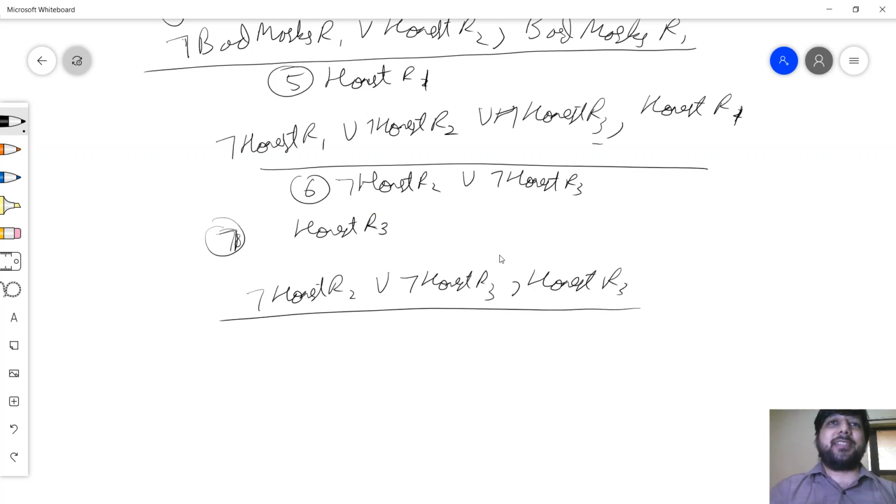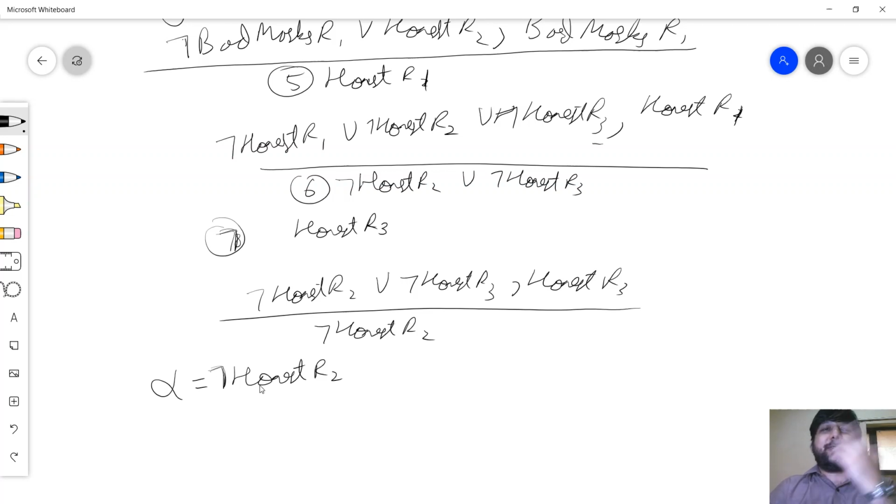That means what do I resolve? Not honest R2. Now let's say my theorem that I needed to prove was that R2 is honest. Somebody told me R2 is honest. I say, okay, let me try to prove that R2 is honest. Let's do it the other way around. Somebody told me R2 is dishonest. I say, okay, let me try to prove R2 is dishonest.